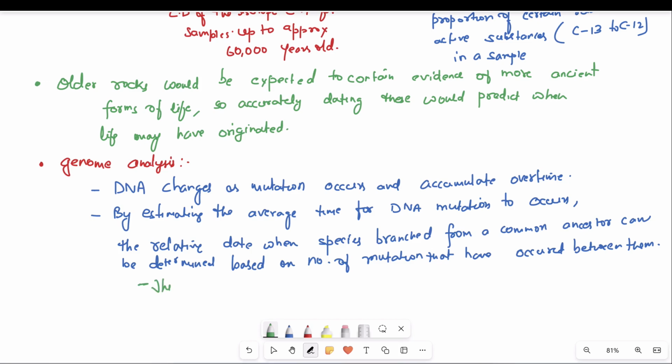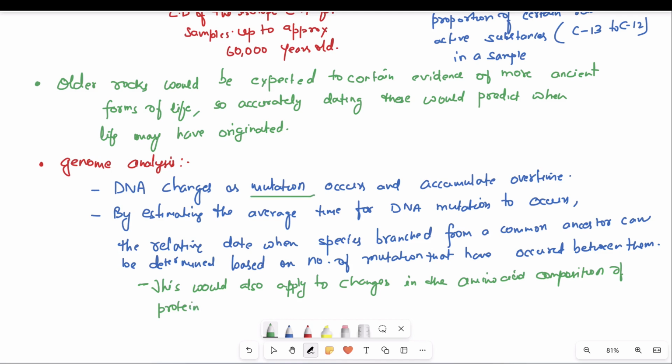So we can say that this would also apply to changes in the amino acid composition of proteins, right? Because we are already talking about mutation. When DNA has changed, change in amino acid is also possible because both are connected.